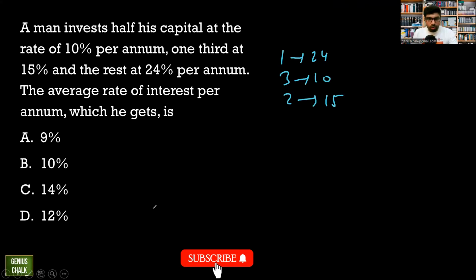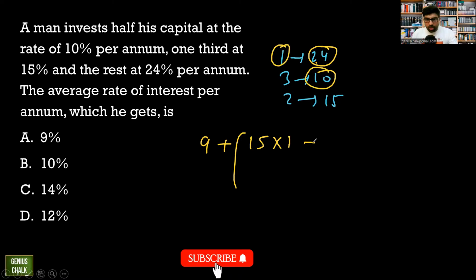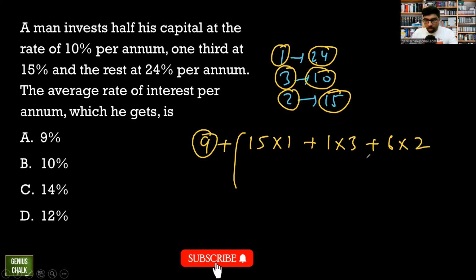Now suppose you want to take some other average. Let's say you don't want to take 10. Let's say you have taken 9 as the average. Now compare the difference. How much is 24 extra than 9? So 24 minus 9 is 15, distributed among 1. Next, 10 is 1 extra, distributed among 3 units. 15 and 9, so this is 6 extra distributed among 2 units.